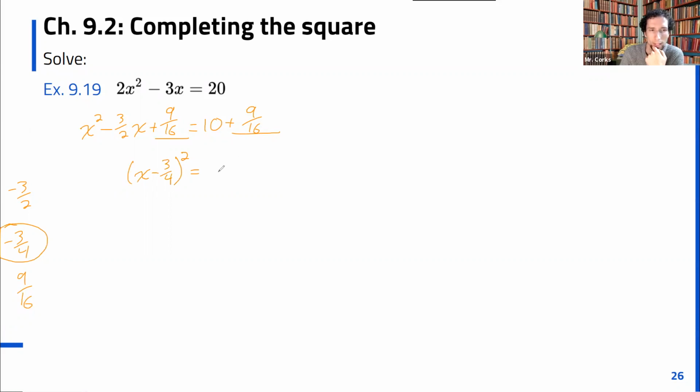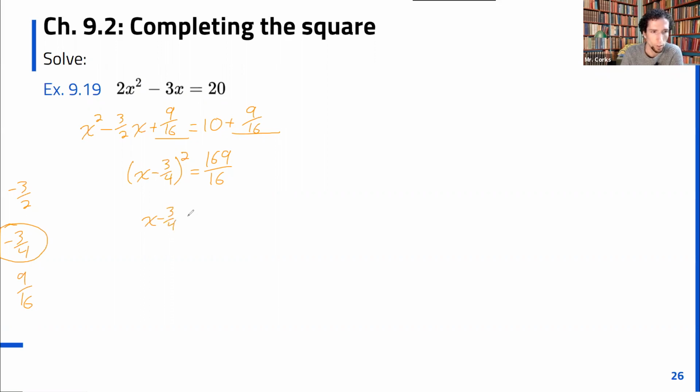And on the right side, give me this just as a fraction. 169 over 16 here. The 10 would be 160 over 16 and then add 9 there. Also nice, the square root of that is going to work out pretty nicely for us.